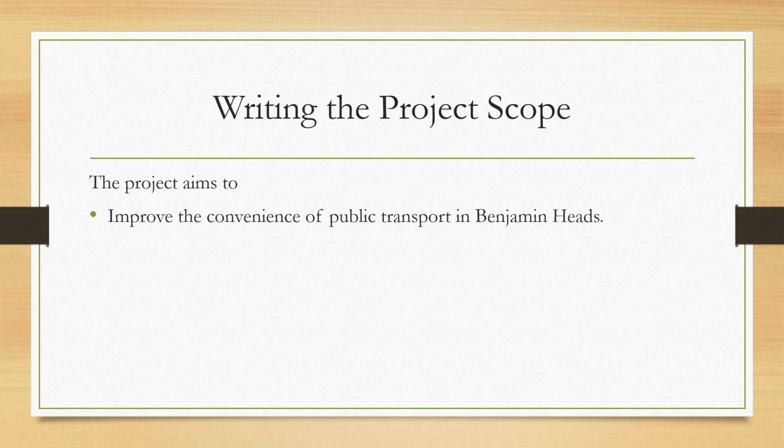It plans to do this by what? By coordinating the bus and taxi services in the local area. So this is my basic starting point. I have to improve public transport in Benjamin Heads, and I can do that by somehow coordinating the bus and the taxi services in some fashion or get them a little bit more integrated.